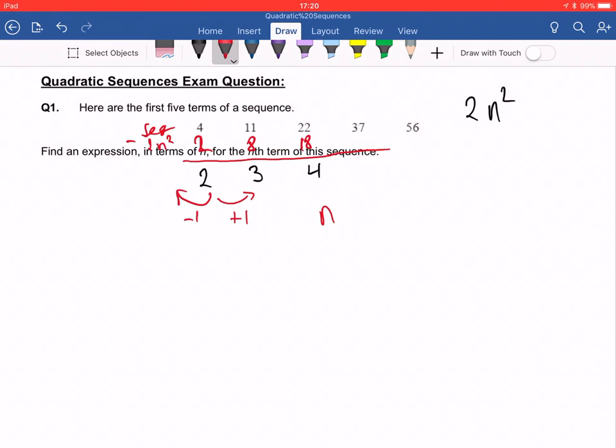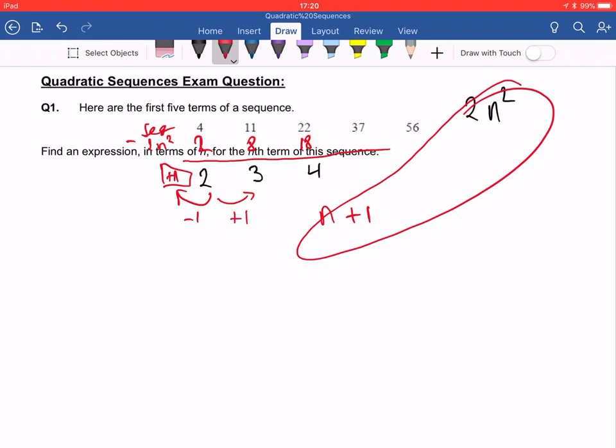So if we take away 1, we're going to get positive 1. We're still on the positive side of the number line. We stick that on there. All you have to do now is bring these things together. So the final answer for the nth term of the sequence is 2n squared plus n plus 1.